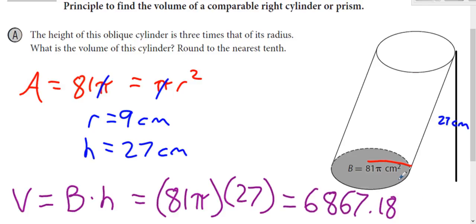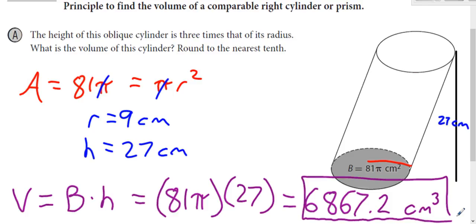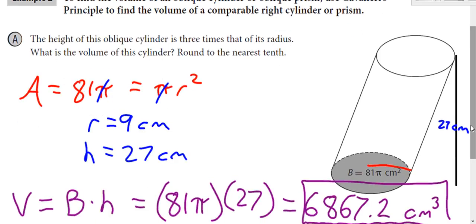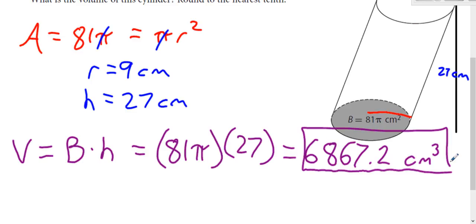To the nearest tenth, that would round to 0.2. And the last little part of the directions here said, yes, we found the volume. Use Cavalieri's Principle to find the volume of a comparable right cylinder or prism. Well, if it was comparable, it would have the same height, the same base, so it would have the same volume.